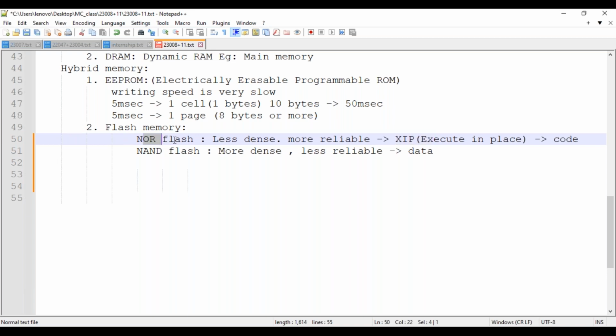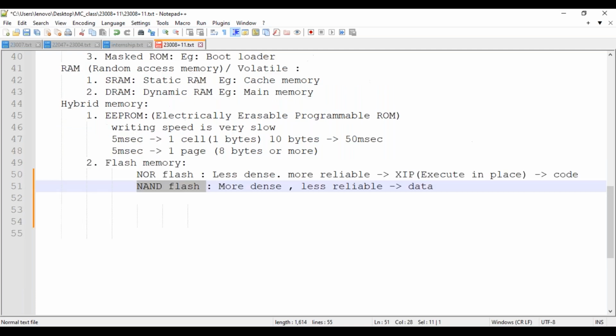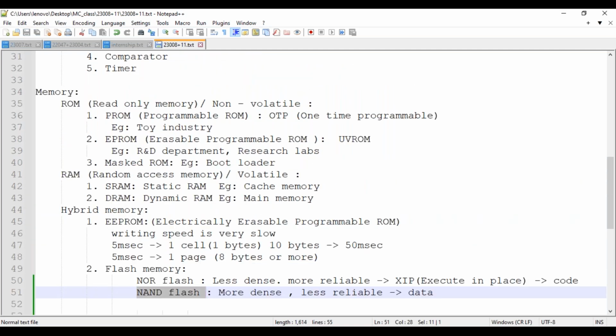So NOR flash is the one chosen to store your code, and NAND flash is the one used to store the data. So these are the types of hybrid memory which come under flash memory, very commonly used: NOR flash for code and NAND flash for data. So this is about the types of memory to be selected in an embedded systems design.